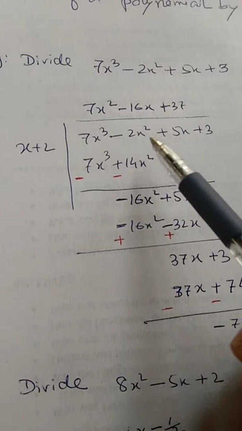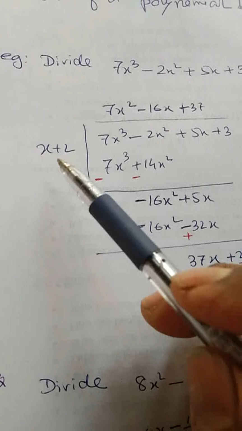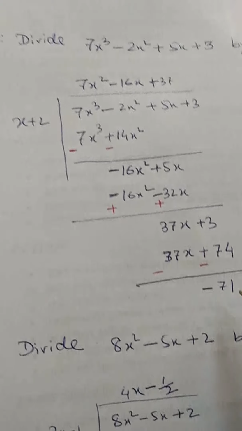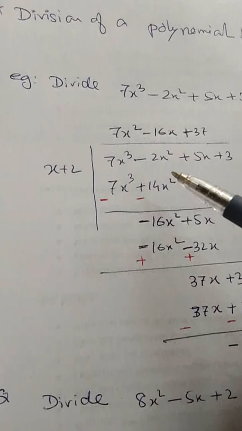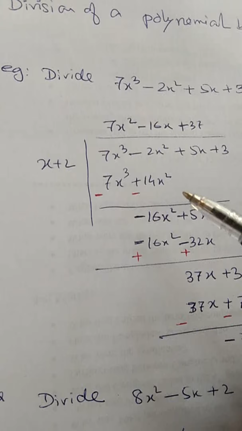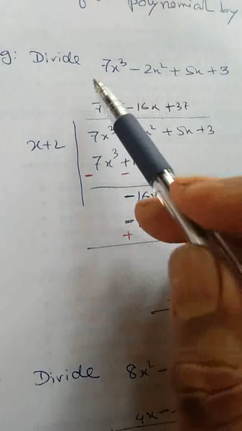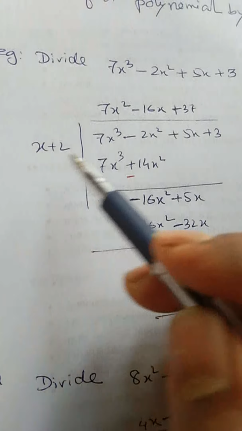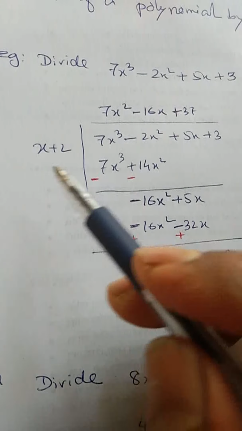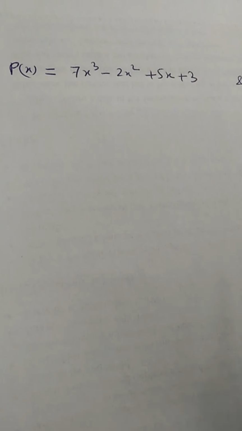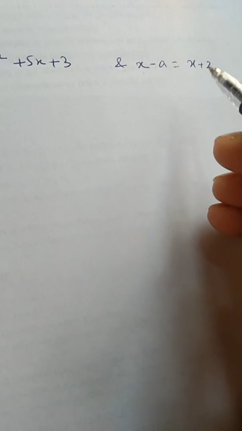In this question, this polynomial we have divided by x plus 2 and we got remainder minus 71. Now here if we use remainder theorem, let us see what we get. So this is the given polynomial p(x). We will divide this by x plus 2. So x plus 2 will compare with x minus a. So p(x) is this one and x minus a is x plus 2.